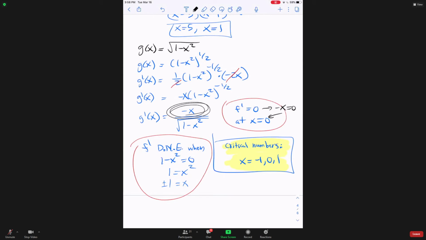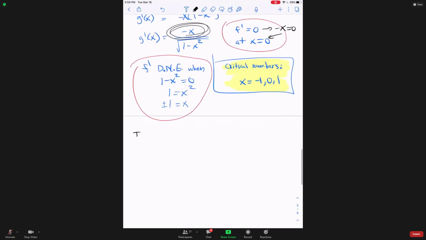We'll do another one where you get a fraction, so you'll get the hang of it. If the derivative of a function equals some fraction, let's call it p of x over q of x, when p of x equals 0, then f prime equals 0, right?